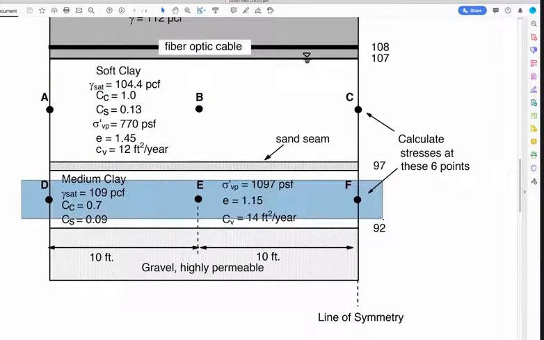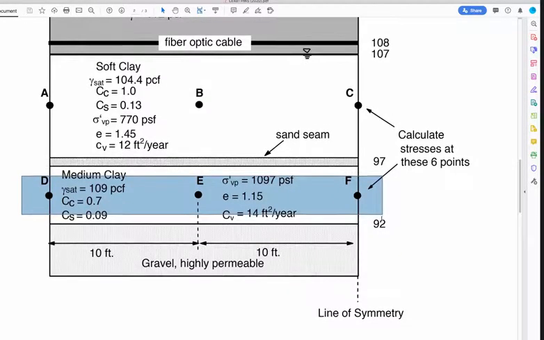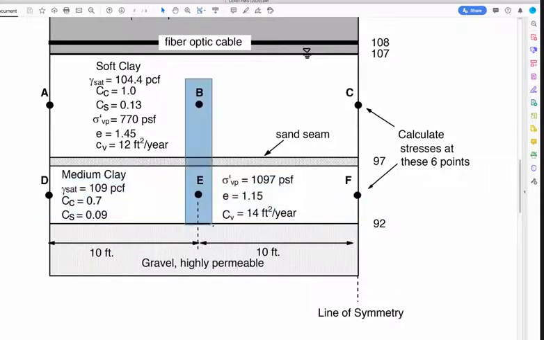So they are in the same vertical location. So B and E will actually talk to each other to some degree, and we'll get to that in just a bit. But it would be a separate calculation for stress distribution or delta sigma at this point and this point, because the depth below the foundation is actually different.